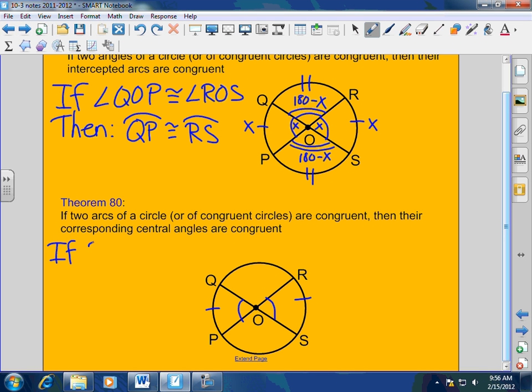So if arc QP is congruent to arc RS, then angle QOP is congruent to angle ROS. Does that make sense? Does that clarify a little bit what we were talking about before?